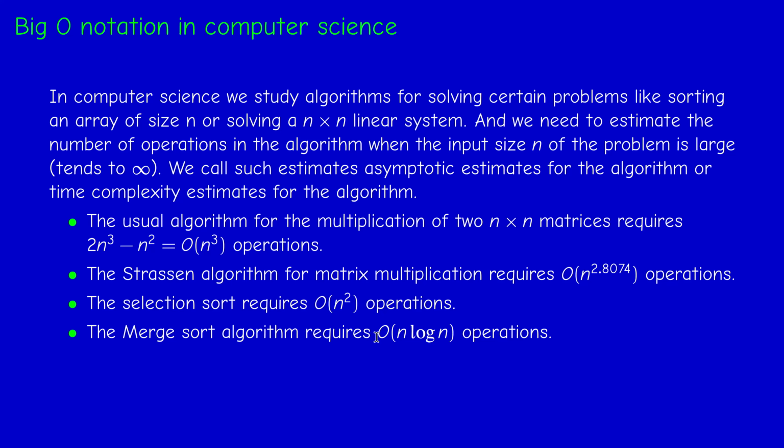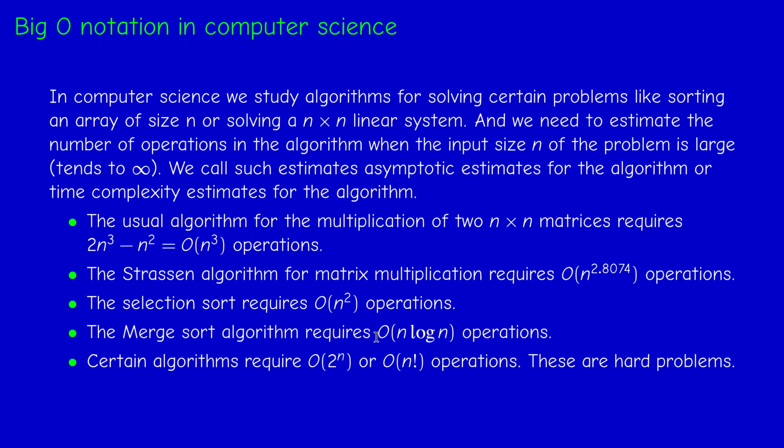Okay, and for example, there are even worse problems. Certain algorithms require what we call exponential time, so big O of 2 to the n, or factorial time, like the algorithm for solving the traveling salesman problem. These are hard problems.